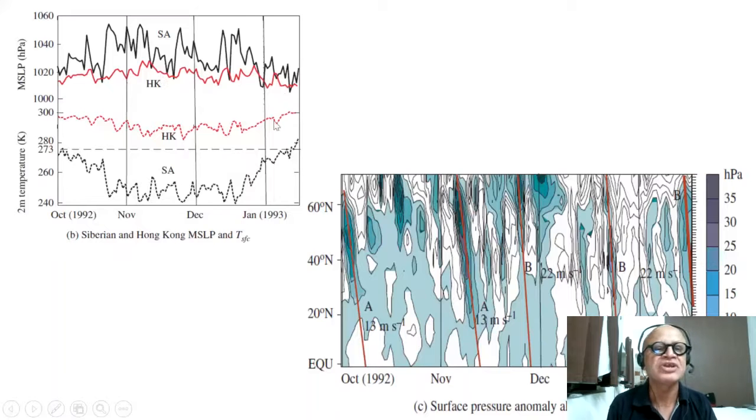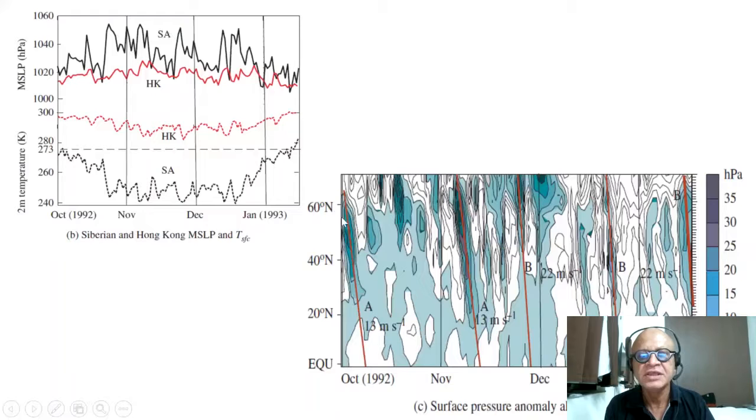And there is a corresponding 2-meter temperature over Hong Kong, which is fairly flat, whereas the range of the temperatures over Siberia is much larger, with a cold, deep temperature here at 2 meters, corresponding to these high pressure variabilities.